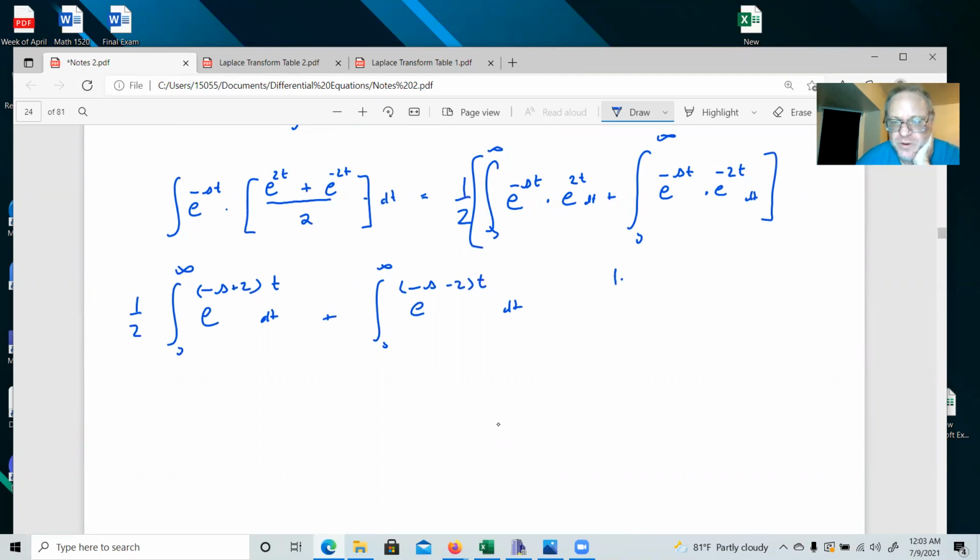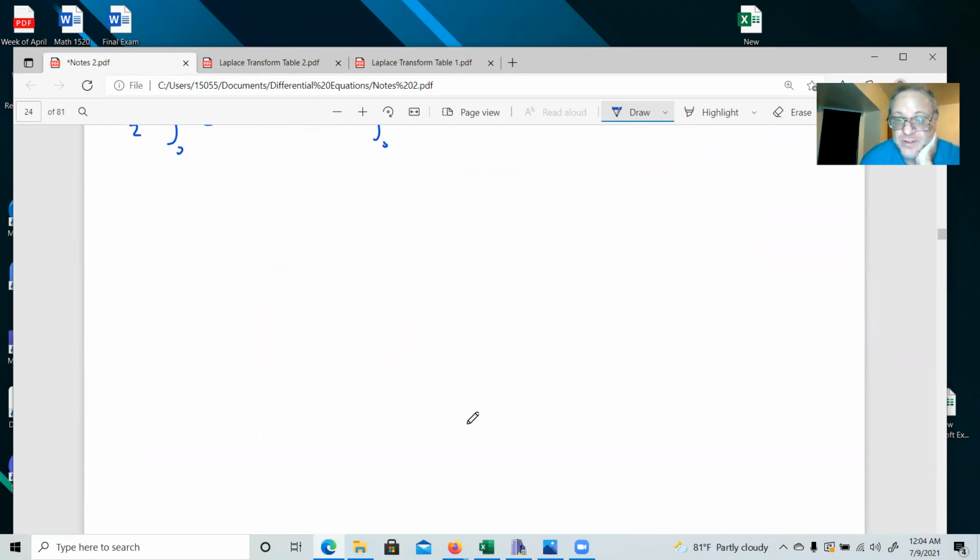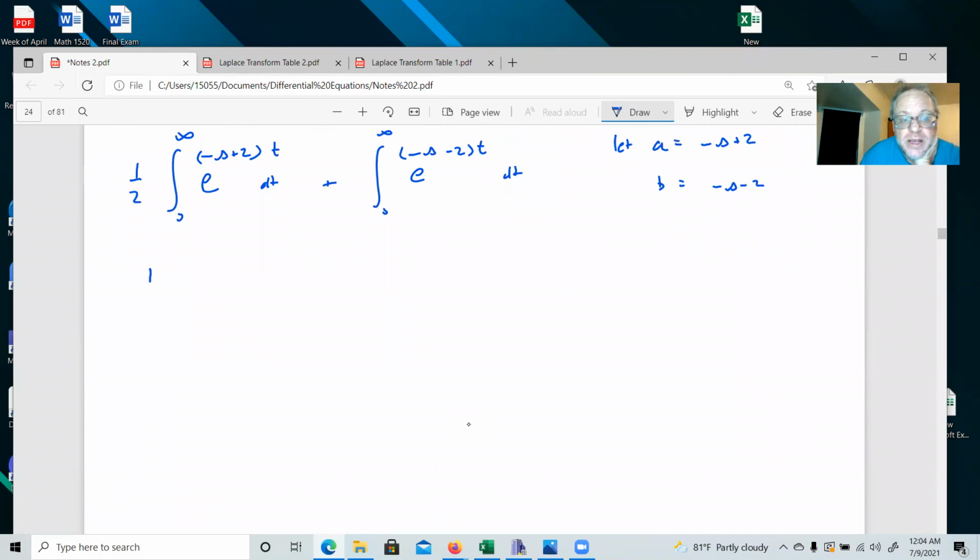So if you need to, let a equal negative s plus 2, and b equal negative s minus 2, and rewrite this as 1/2 the integral from 0 to infinity of e to the at plus 0 to infinity e to the bt. You go right ahead and do that.